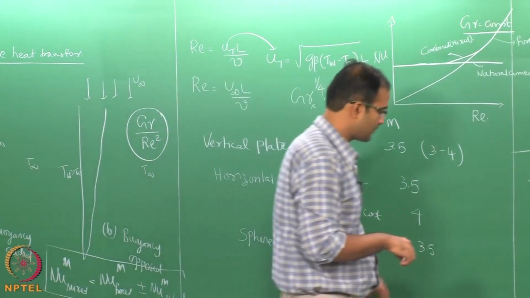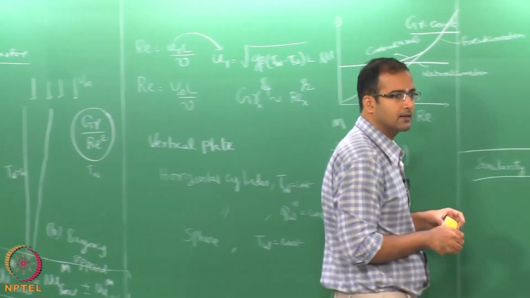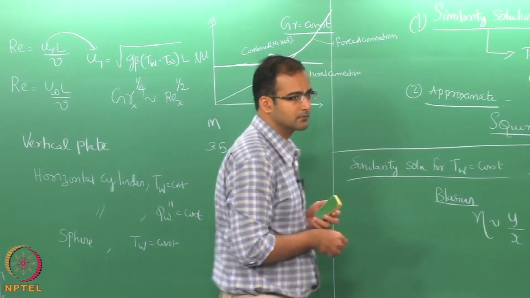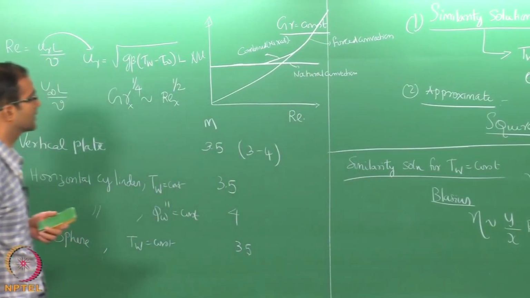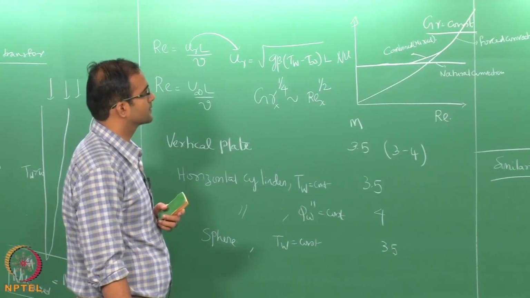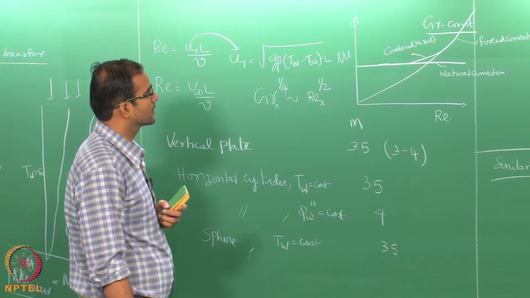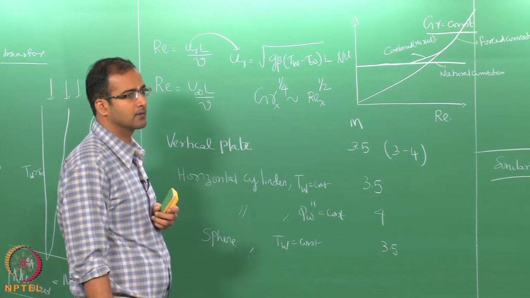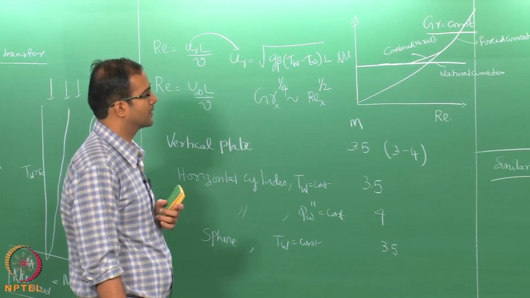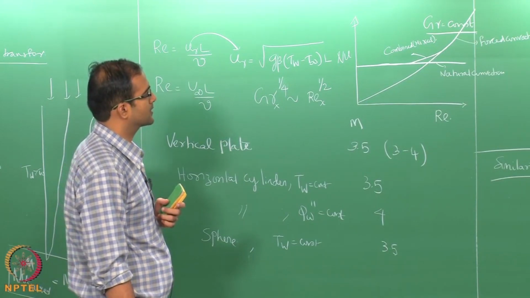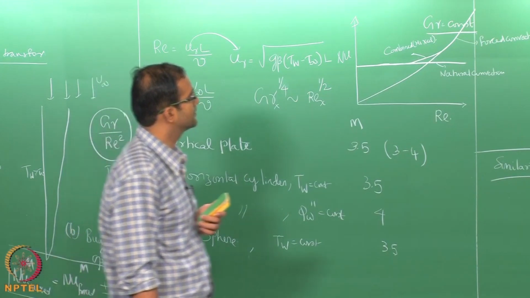So what Polhausen did was to simply, so that forced convection graph is there. Yes. That Nusselt number should be proportional to Re raised to 1/2 for forced convection, right? It has to come like this graph. So it is Re raised to 1/2, this is going as a square.